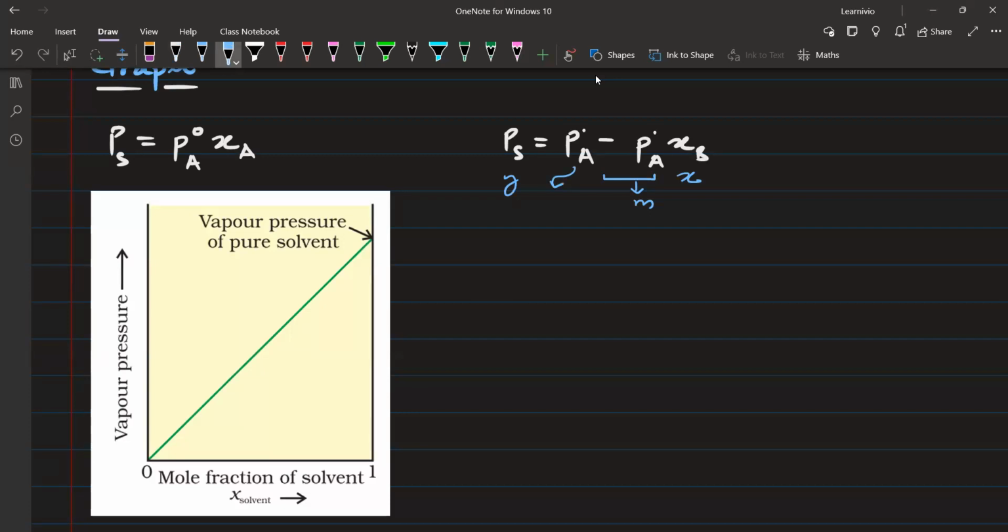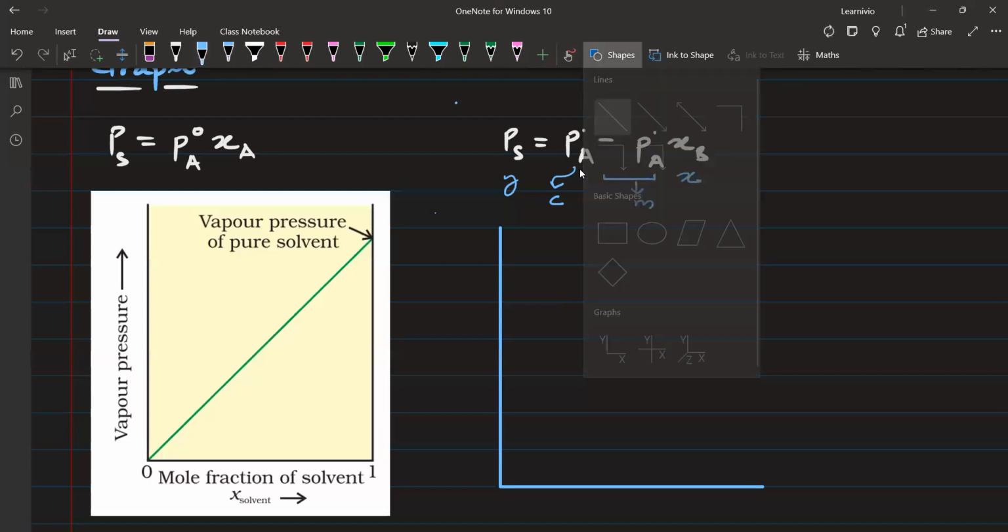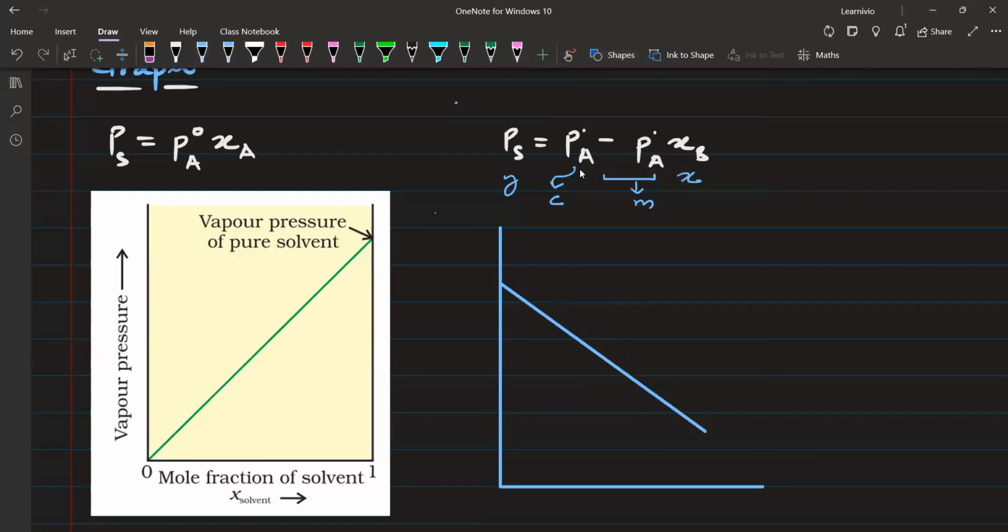And this positive P naught A will be the intercept, the y-intercept. And the graph will look something like this. So it is a slope with an intercept type of graph. It will be like this.